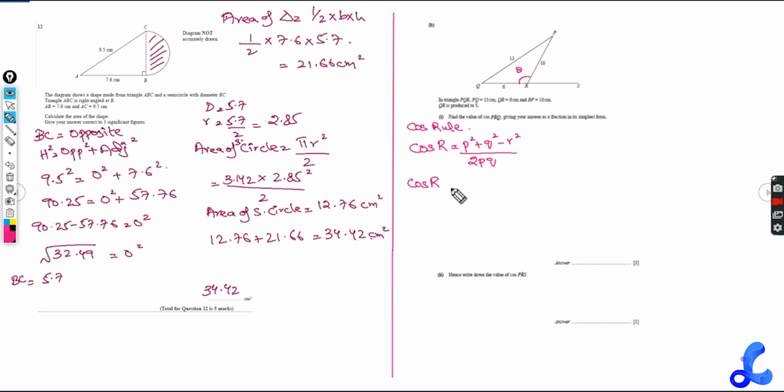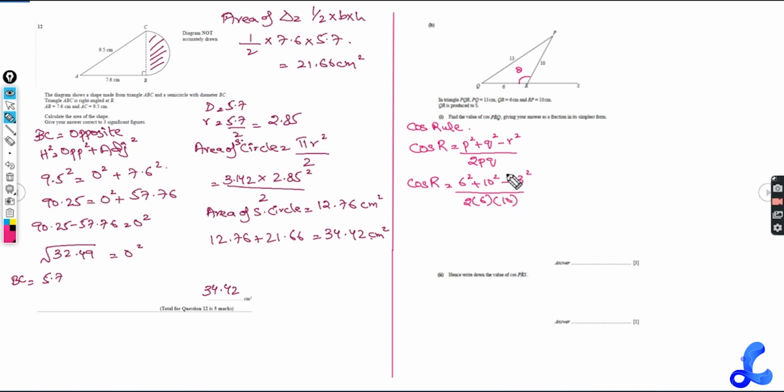Cos R we need to find out equals to, P is given to us as 6 square plus Q is given to us as 10 square minus R is given to us as 13 square over 2, 6, 10.